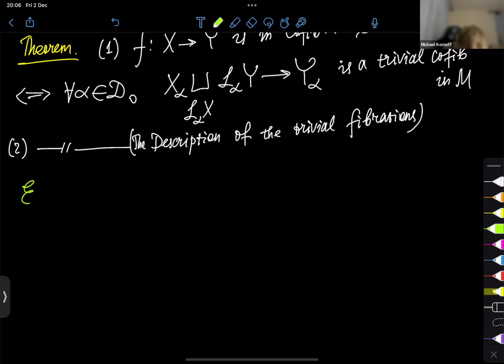Okay, and now we discuss the following example. Example about the push-outs in the model categories.